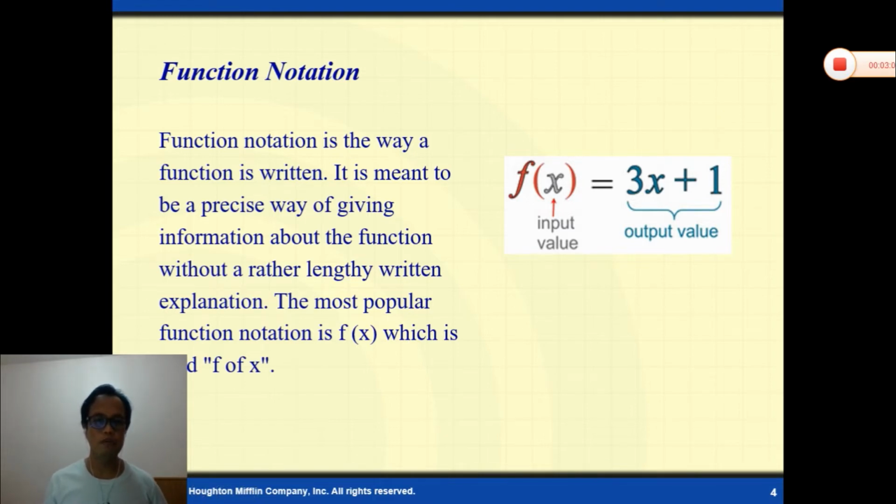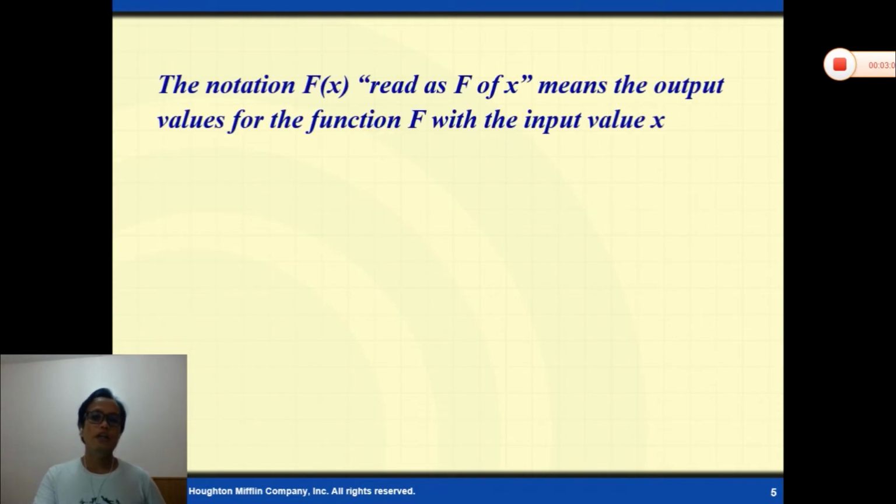For every input x, there's always the range y, which is f of x. Notation f of x means the output value for the function f with the input value x. So whatever value we plug in or substitute for x, the output should always be the value for y, or the range.